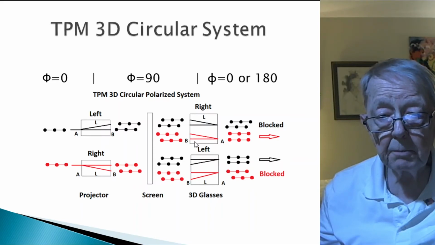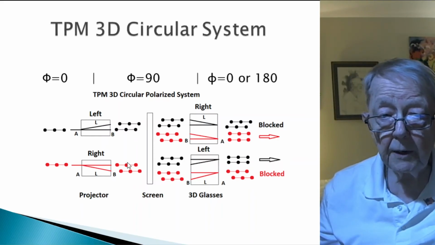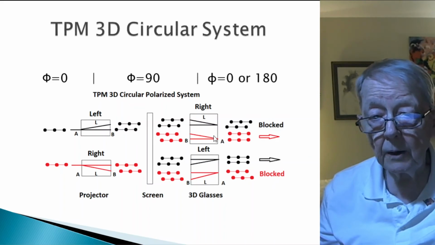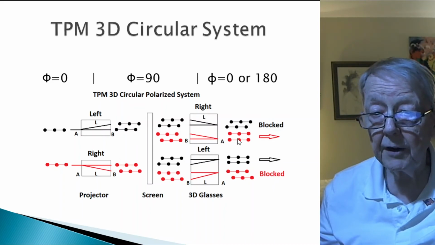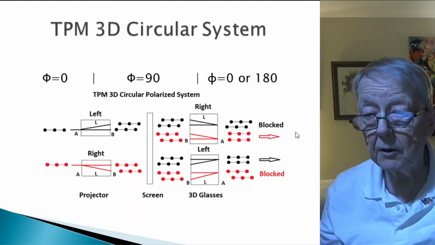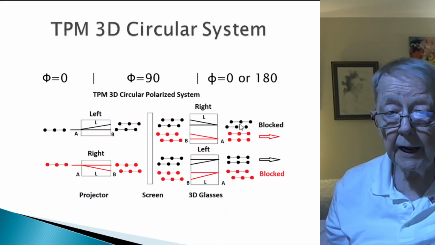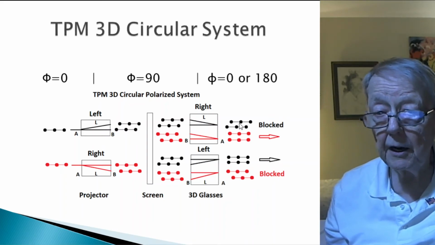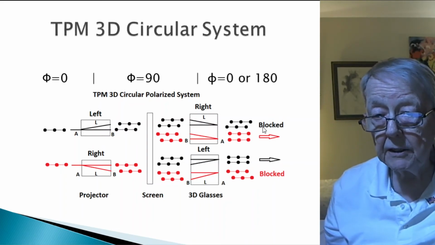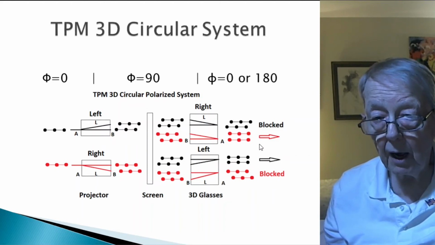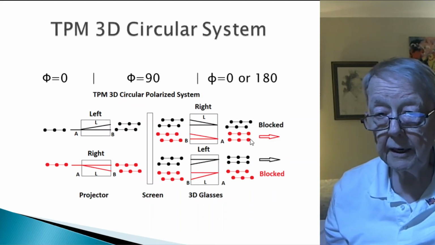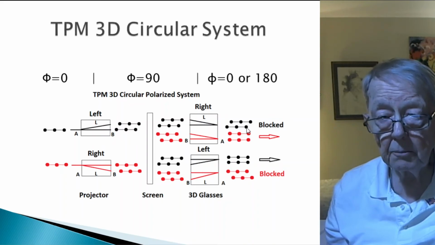It hits a short path. As a consequence, they each go through one long, one short, and they come out even. They're in phase, and you can see it. That goes to your eye, and you can see it. So you end up with a 90-degree phase, 180-degree phase shift. They call it blocked. It's not really blocked. It really gets to your eye as well, but you can't see it.